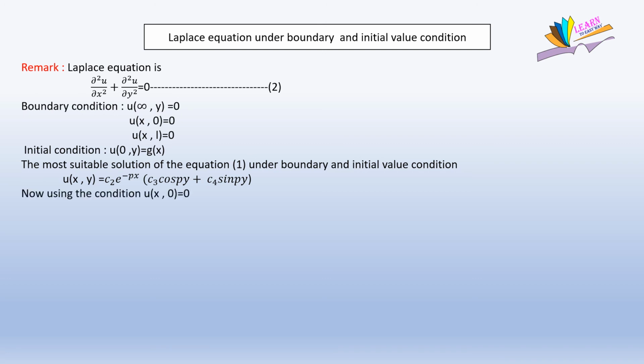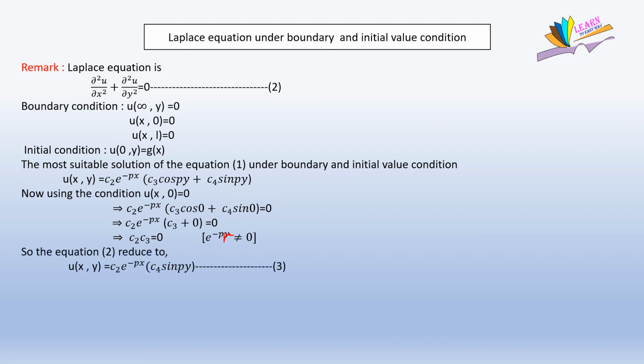Now using the condition u(x, 0) is equal to 0, so c2 e^(-px) (c3 cos 0 + c4 sin 0) is equal to 0, so c2 e^(-px) c3 plus 0 is equal to 0, so c3 is equal to 0, যেখানে e^(-px) এখানে x হবে, e^(-px) is not equal to 0.